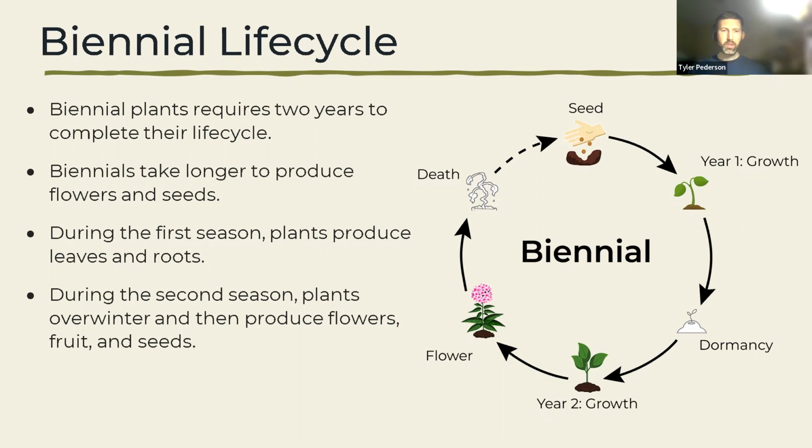Some weeds don't always have a dormant period, and they'll still remain active. So this diagram at the right changes depending on whether or not they're dormant as they go from 1 year to the next.